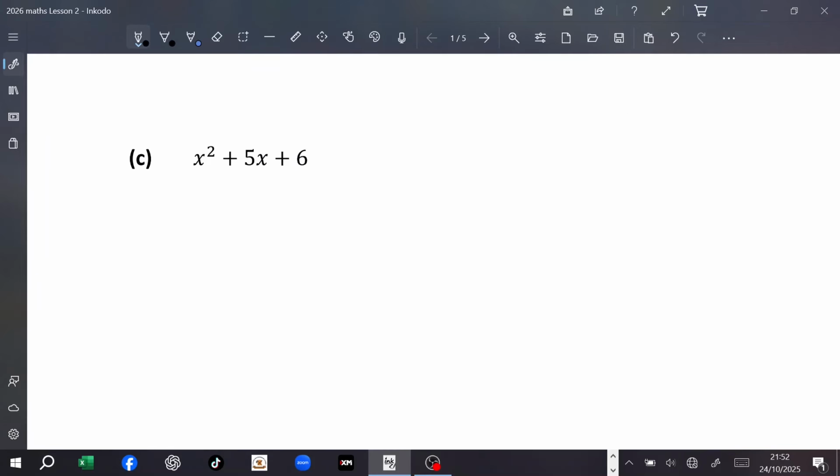The next question is this one, see, which says x squared plus 5x plus 6.